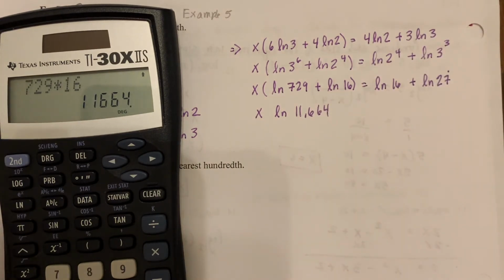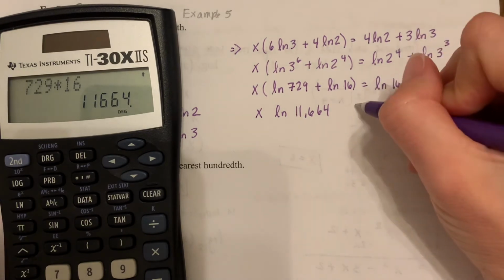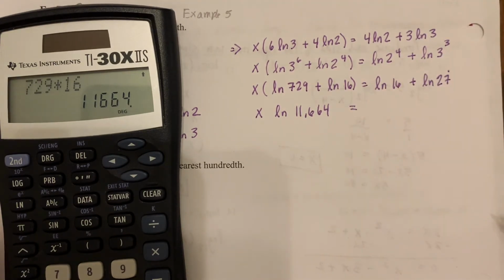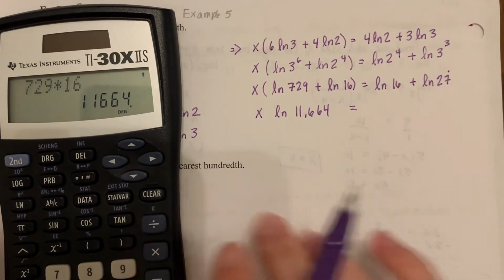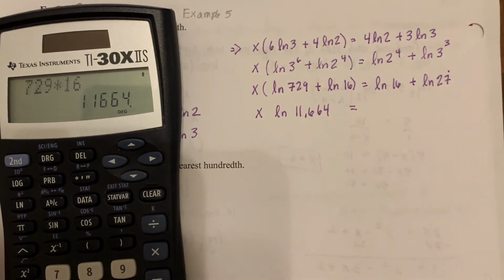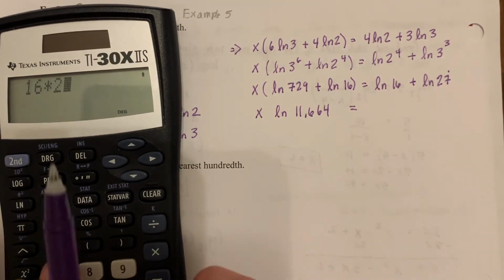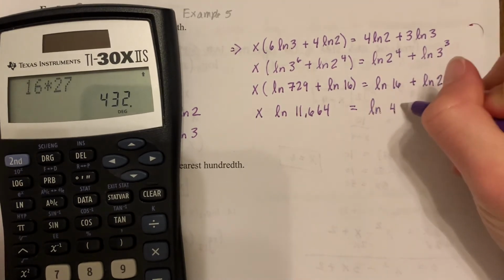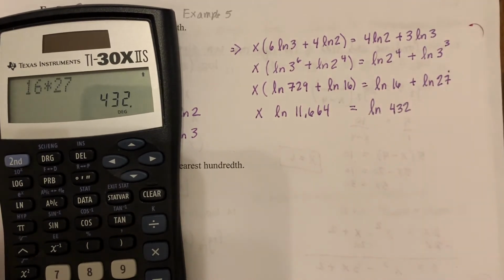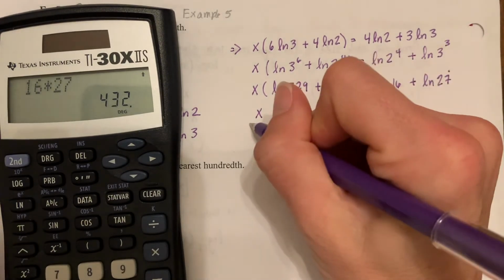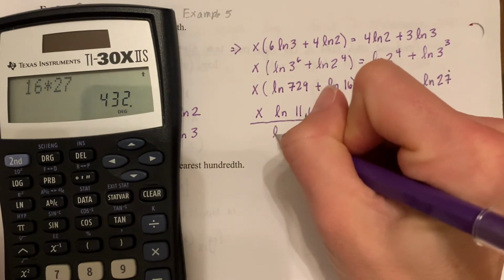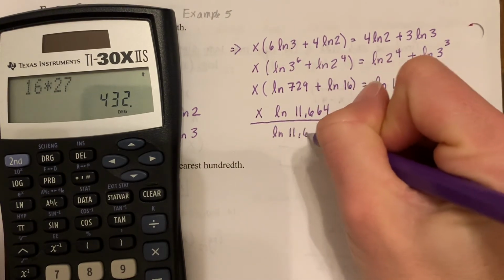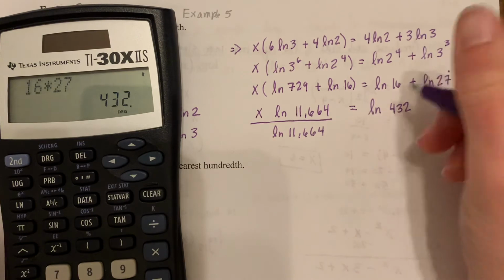So I have combined those as a single log using the product property. I'm going to use the product property on the right side as well. So because I'm adding two logs with the same base, I can multiply 16 by 27 to get the natural log of 432. The last step to solve for x would be to divide both sides by the natural log of 11,664.